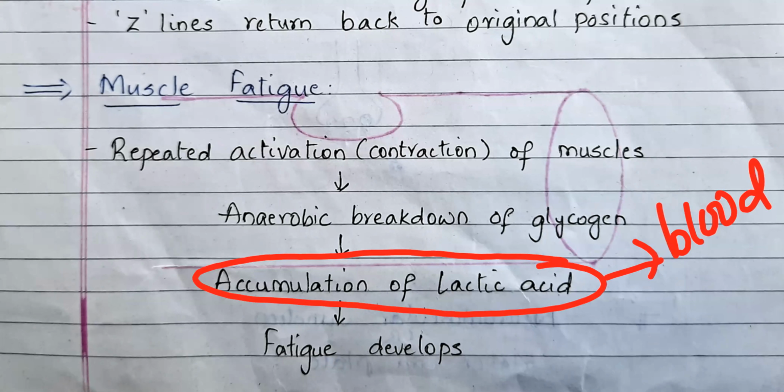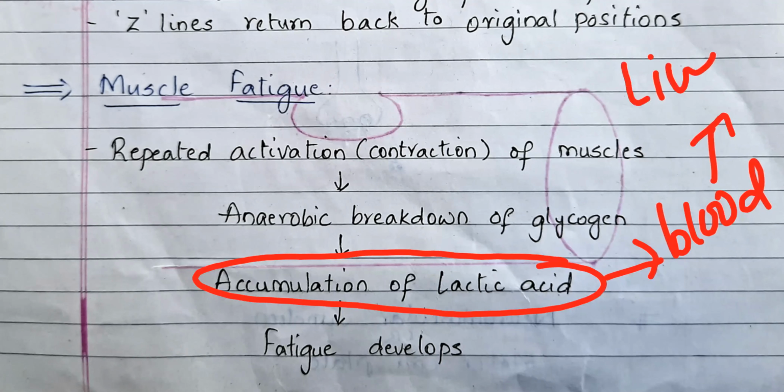Then the muscle will resume its normal functioning. So we say muscle fatigue is over. So it takes almost 2 to 3 days for complete removal of lactic acid from the fatigued muscle into the blood. What happens to this lactic acid which has come out into the blood?